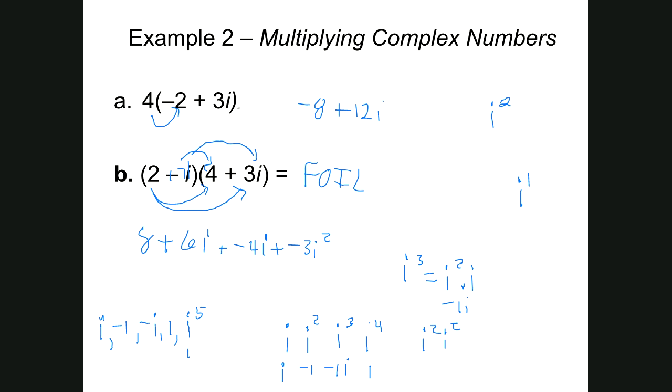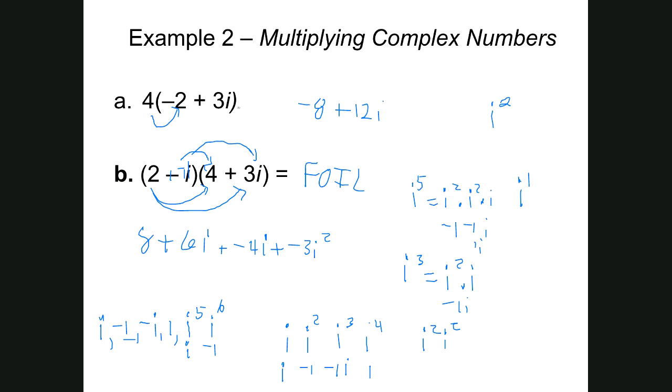Because I could rewrite it out as i squared times i squared times i. Well, i squared is -1, i squared is -1, i is just i, times 1, i. So it's just i. And then i to the sixth, I guarantee you, will be the next term. It will be -1, and it just keeps repeating.